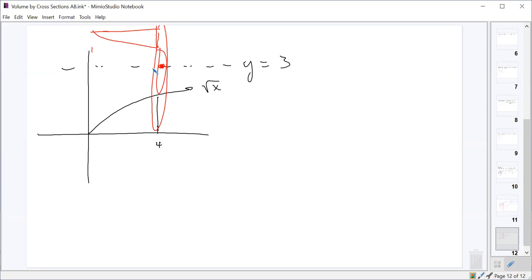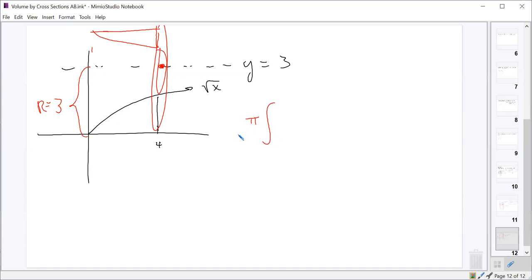This line that we're revolving around is the center of the hole in the middle of it, right? And so how far down do I need to go for this outer radius? From y equals 3, I need to go all the way down to 0, so 3. My outer radius should be 3.